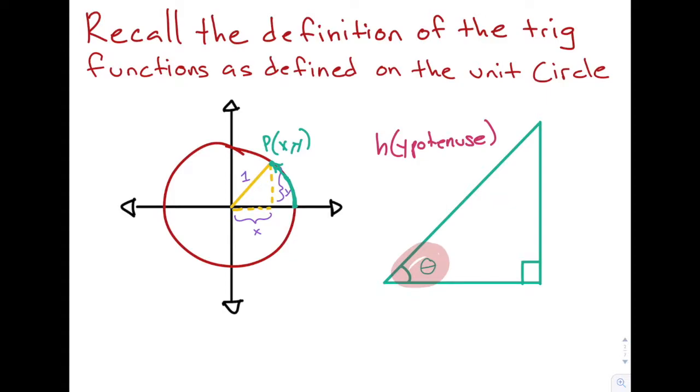Then the side opposite our theta, we call the opposite side, abbreviating it as O. And then the side right next to it that is not the hypotenuse, we call the adjacent side, abbreviating that as A. So we've got a side opposite of theta, adjacent to theta, and the hypotenuse of our right triangle. With these, we can define the trig ratios for acute angles in right triangles.